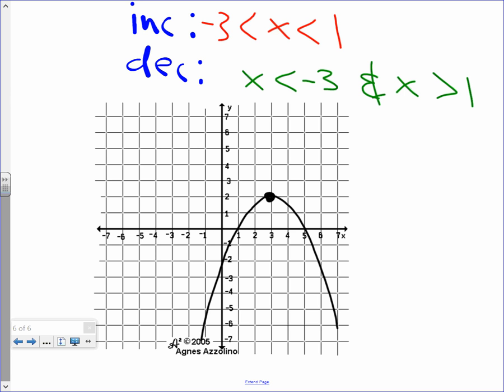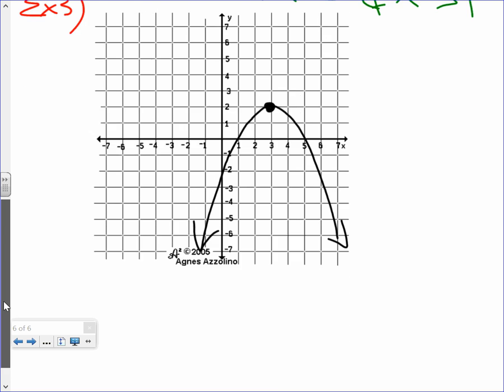Let's make a simple parabola here. This will be example 3, because we did 1 yesterday, 2 just right now.